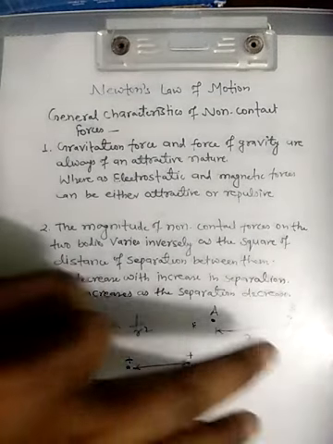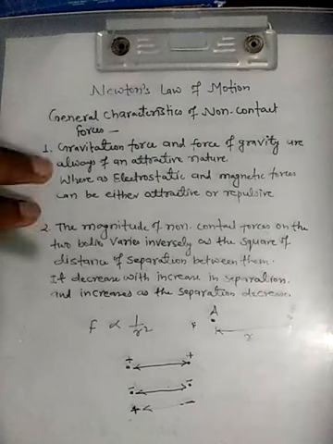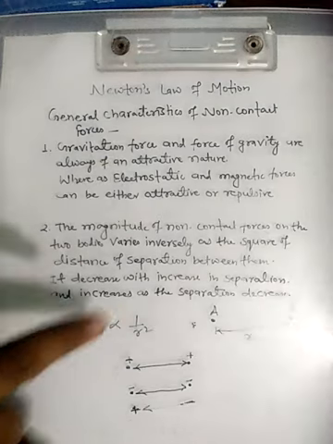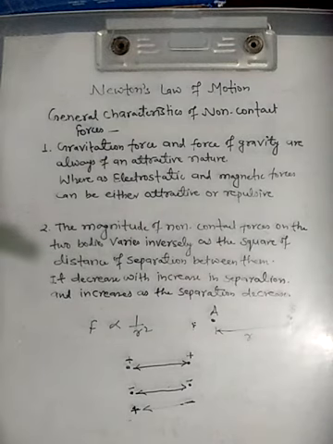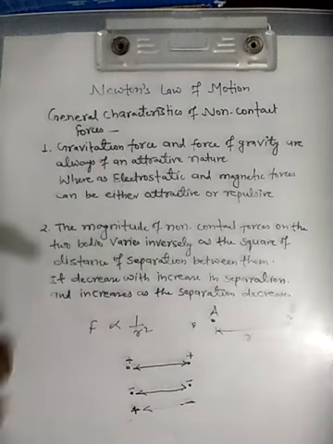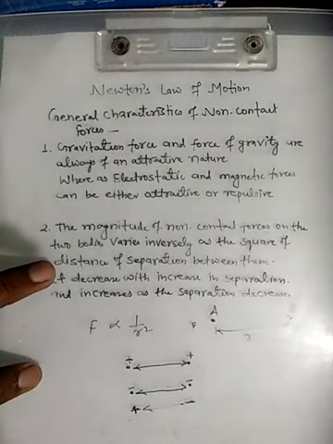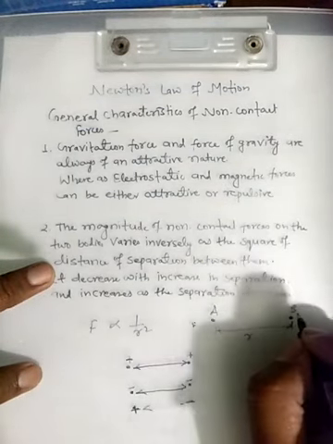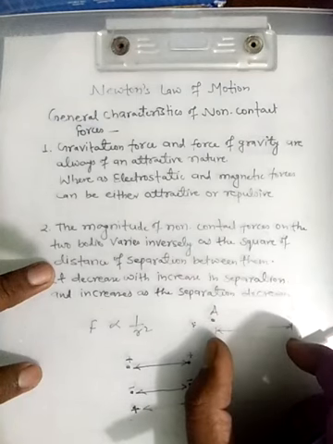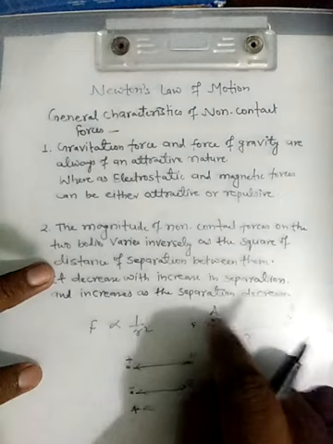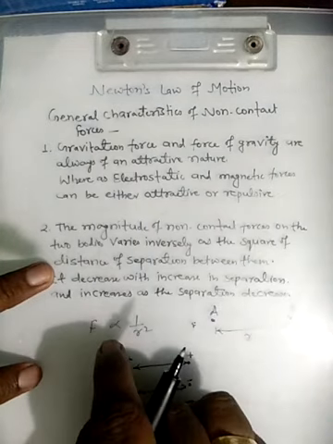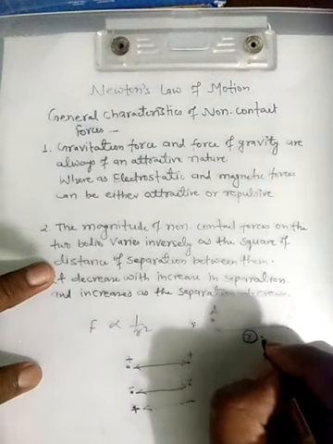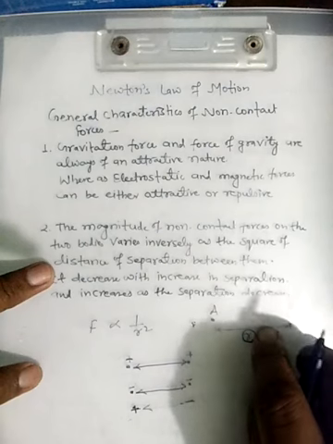The second characteristic of non-contact force is that the magnitude of the force on two bodies varies inversely as the square of the distance of separation between them. If two bodies A and B are separated by a distance r, then the force between them is inversely proportional to the square of this separation, r square.